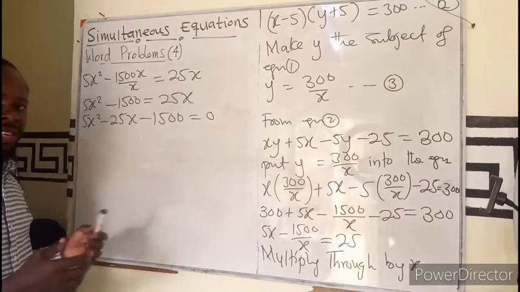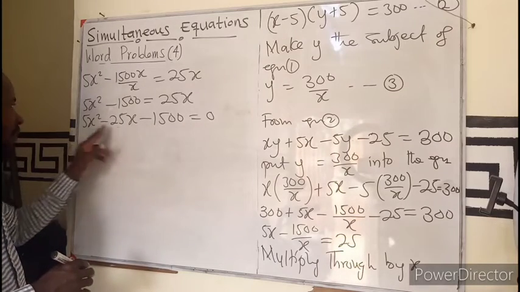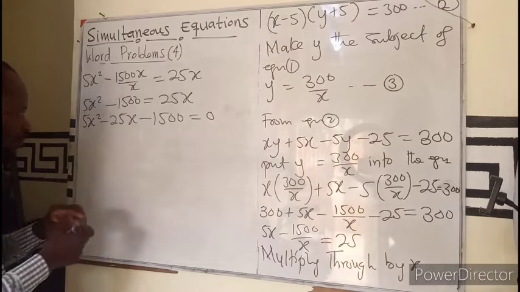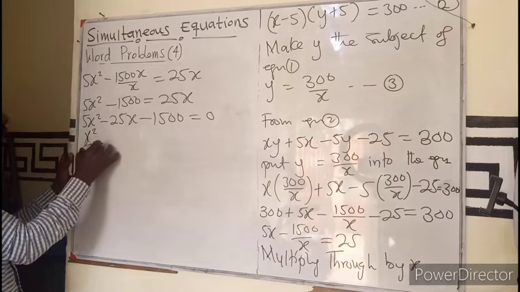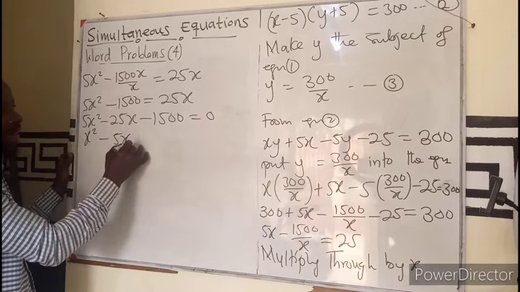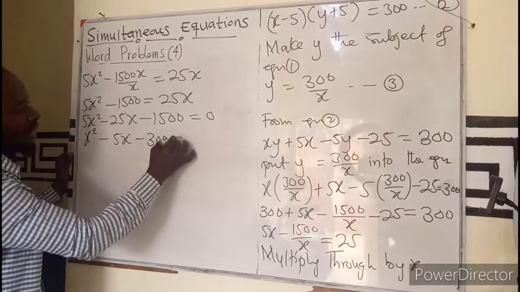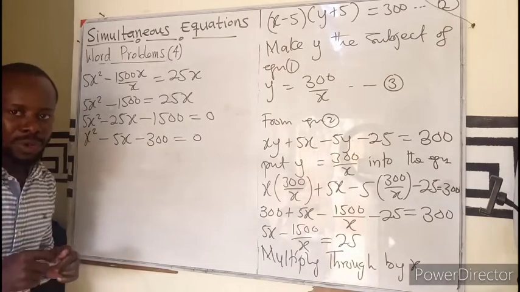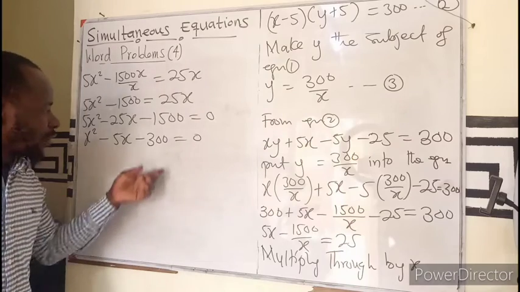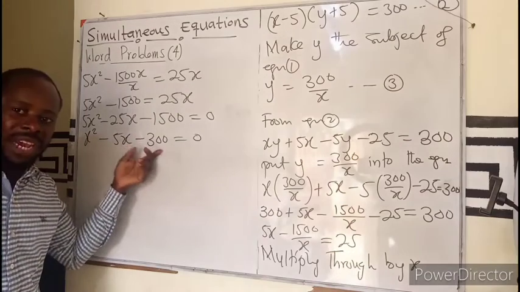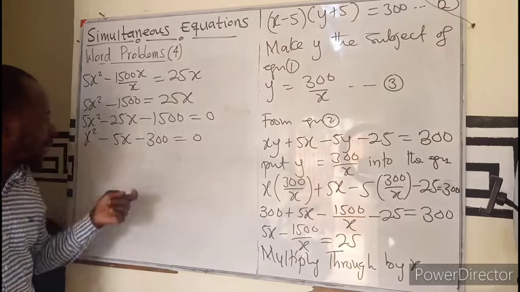Don't forget, it will be easier for me to see whether there is a common factor to cancel, and that will be 5. So this reduces to x squared minus 5x minus 300 equals 0. So your task is to find factors of negative 300 that add to give us what?